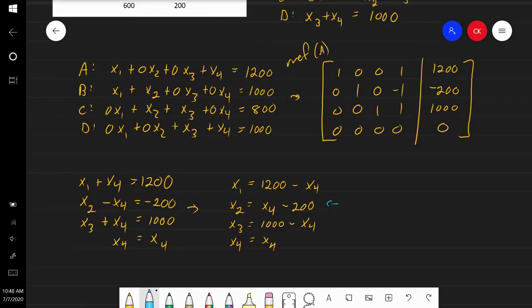So let's go ahead and make sure that we take x4 to be bigger than 200 to make sure that we don't get a negative traffic flow through a particular intersection.